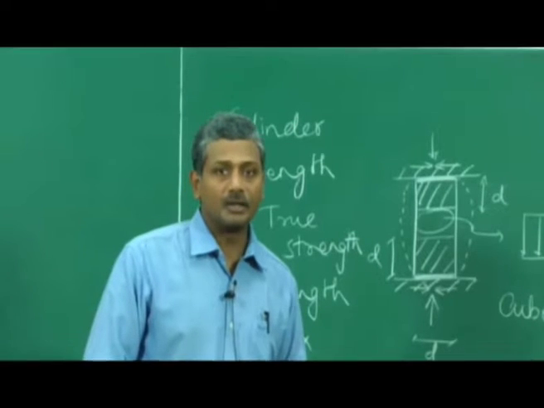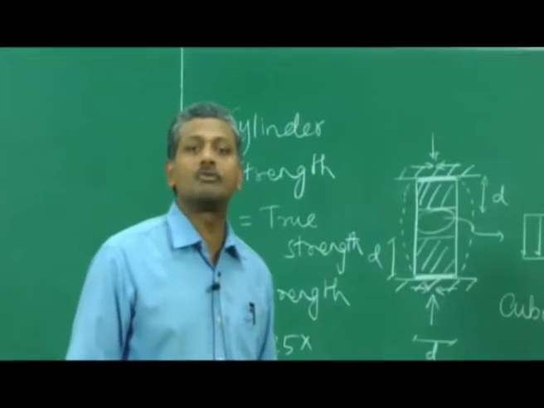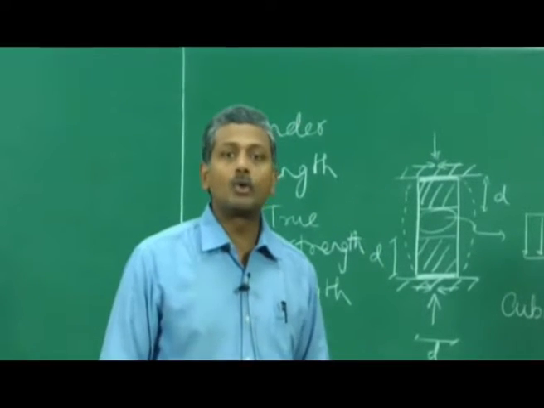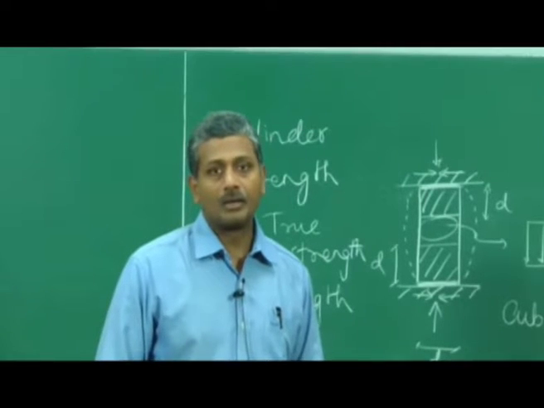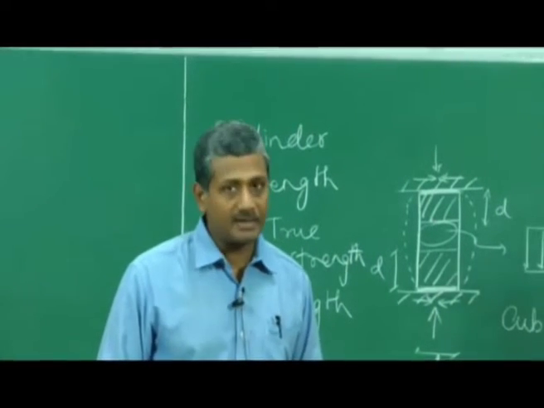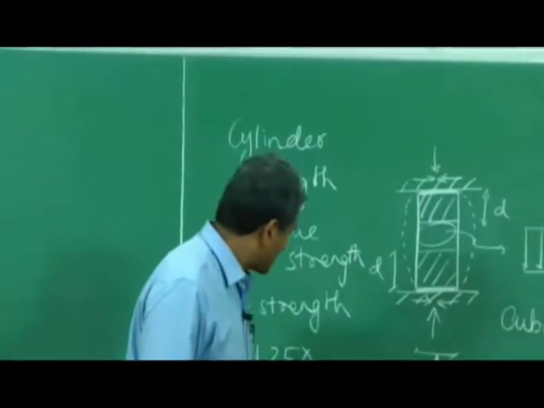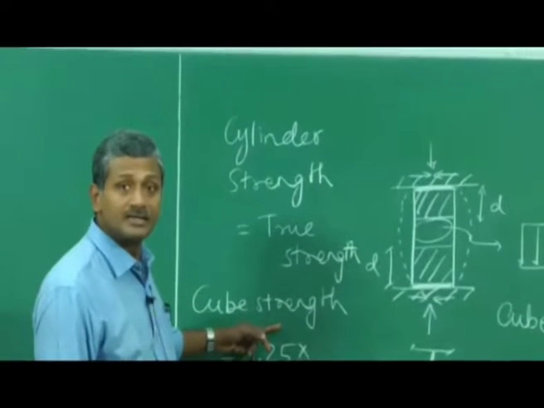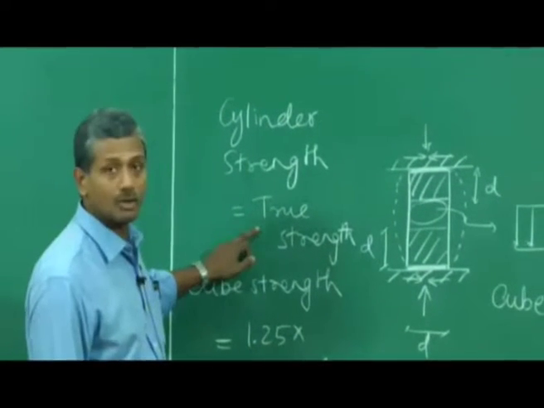So now if you think back, some of you might have done design of reinforced concrete structures. When you want to determine the capacity of a column in compression, you always take FCK and multiply it by a factor of 0.8. That factor of 0.8 is essentially to account for changing it back to cylinder strength, because you want the cylinder strength, which is the true strength of your concrete.